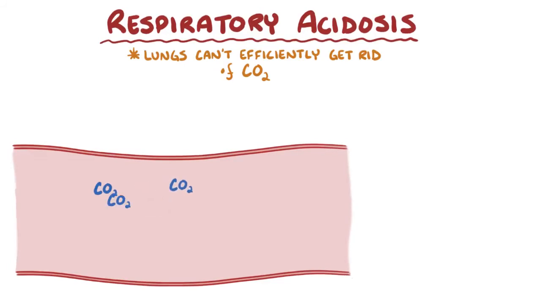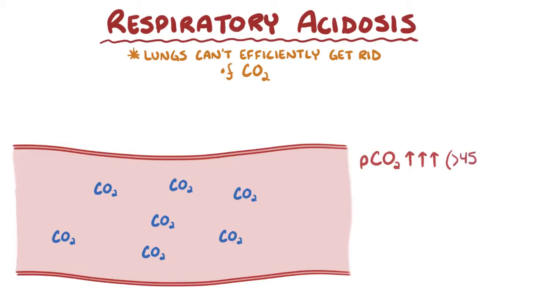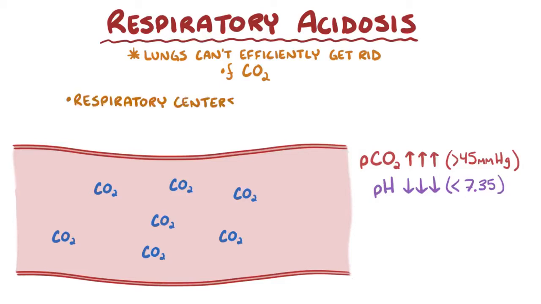The carbon dioxide accumulates in the blood, so the partial pressure of carbon dioxide rises, usually above 45 millimeters of mercury. This causes a decrease in blood pH, often reducing it below 7.35. To compensate for this decrease, the body has designed several mechanisms. If the respiratory centers are working, then they try to increase the rate and depth of ventilation.